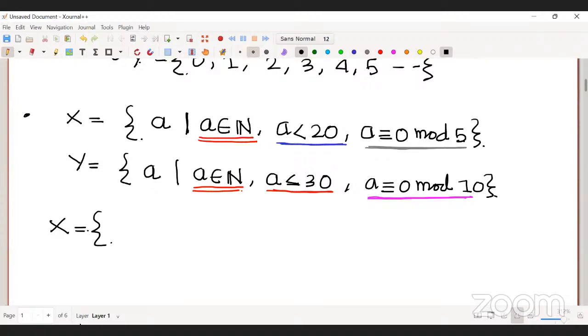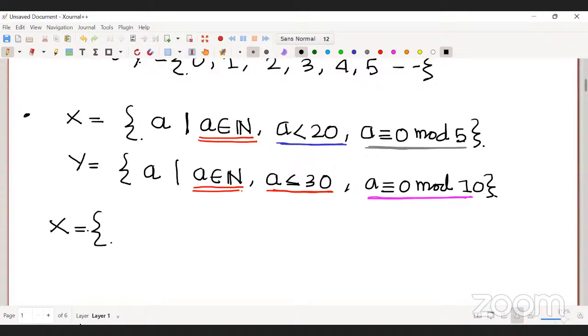So we need to start with the first natural number, that is 0. As you can see, 0 is congruent to 0 mod 5. Have you watched the lecture from week 1?